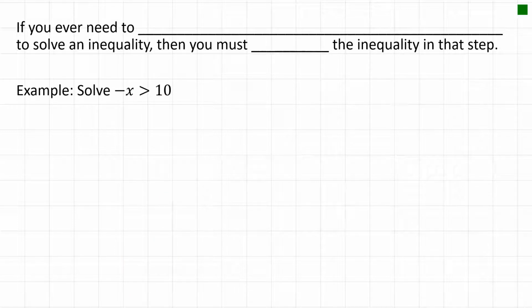There is a trick that we have to watch out for, though. If you ever need to multiply or divide by a negative number in order to solve an inequality, then you must flip the inequality in that step. Here's an example to show you what we mean by flipping the inequality.